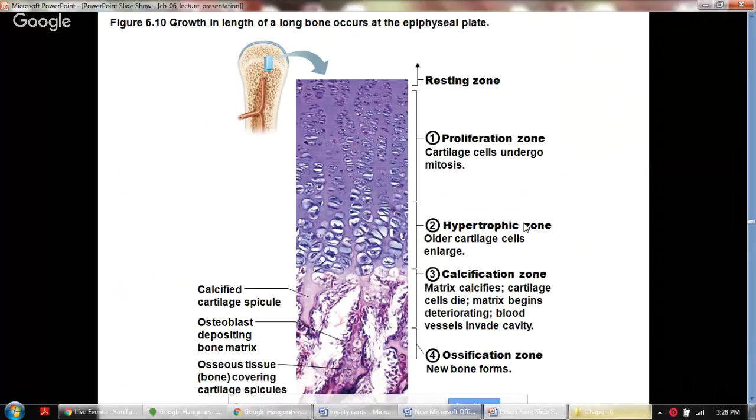And then later in the calcification zone, the matrix starts to calcify, the cartilage cells die, and then the matrix begins deteriorating, and blood vessels invade, and that forms cavities. And here in the ossification zone, you see the new bone formation.